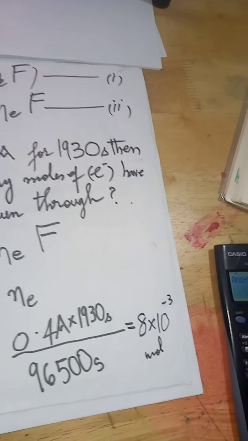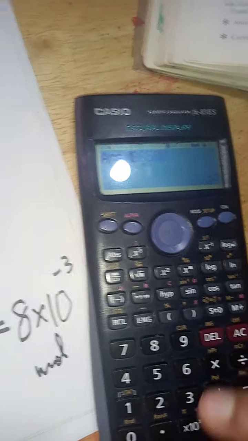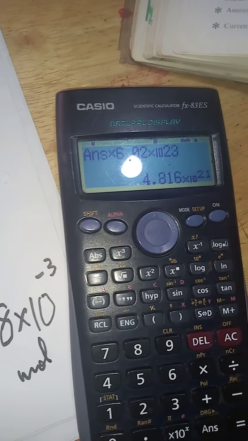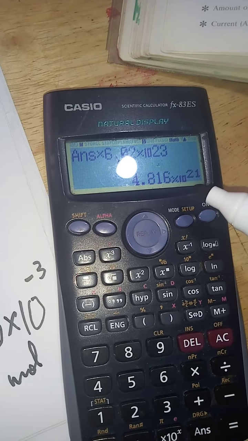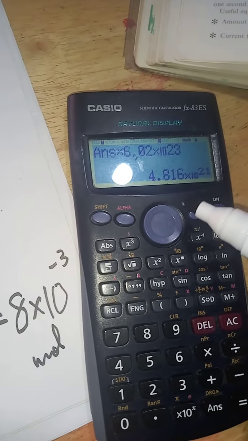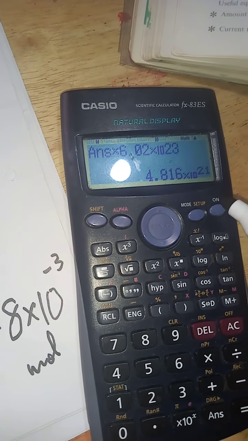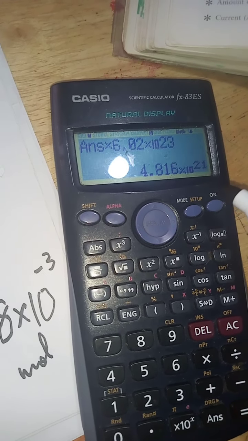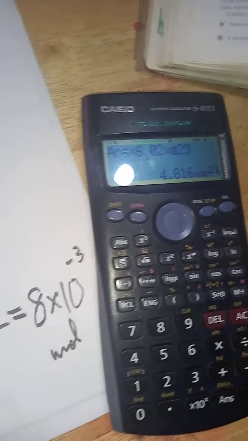In Avogadro's number that would be roughly 4.8 times 10 to the power 21 electrons. So quite a lot of electrons would have circulated through the circuit.